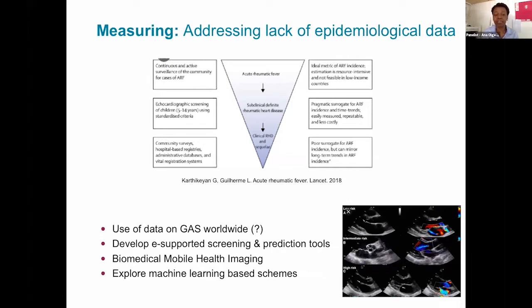We can discuss developing electronically supported screening and prediction tools to improve and facilitate the diagnosis. We can discuss the use of biomedical imaging, mainly echocardiography in endemic areas. That's what's more available. But even there, try to find ways to explore machine learning-based schemes that can facilitate the diagnosis by people who are not experts, who are not cardiologists.